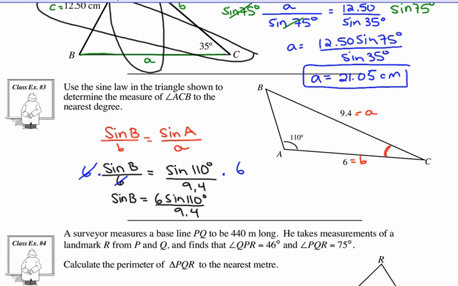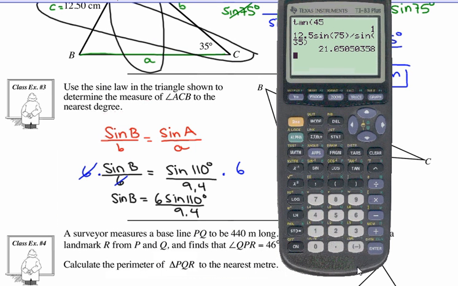So we're going to type that into our calculators. 6 sine 110 divided by 9.4, or you could have typed it as the second step, sine of 110 divided by 9.4 times 6. Either's fine.